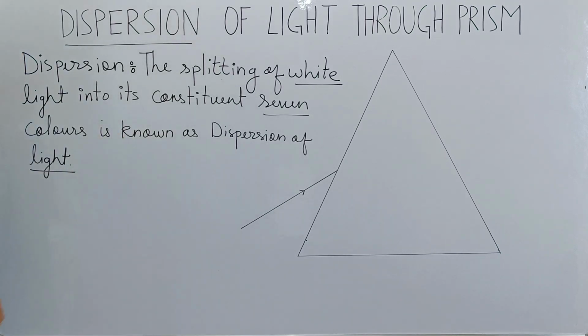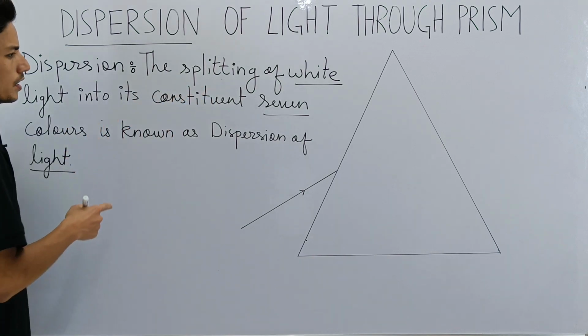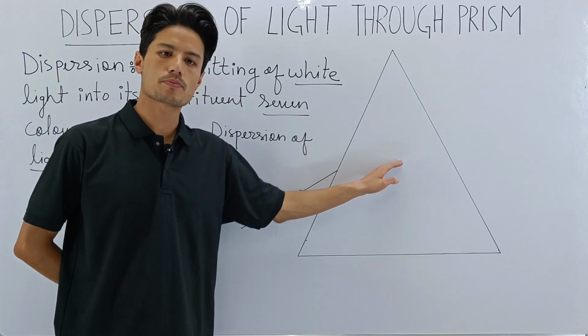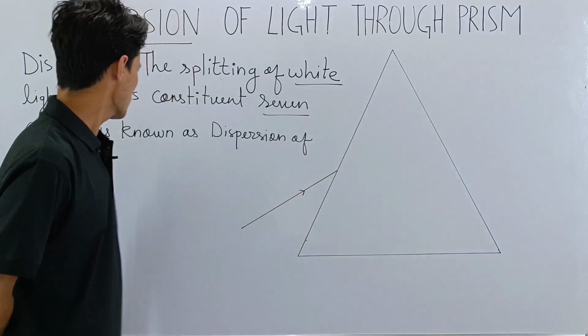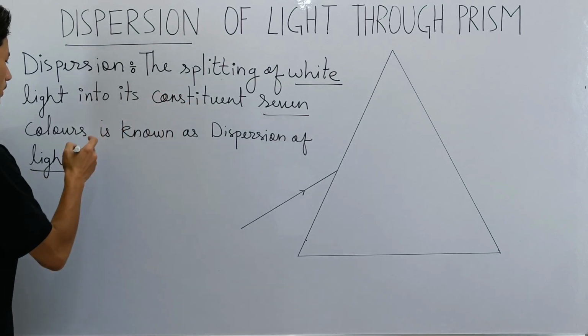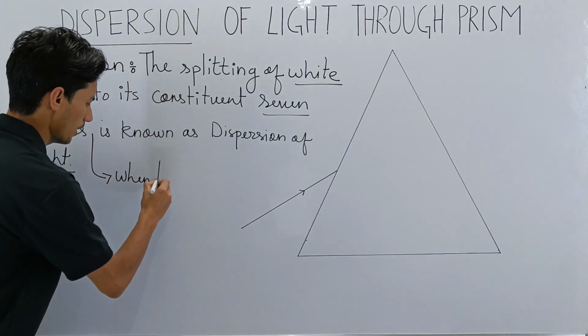We can also add the splitting of white light into its constituent 7 colors when light passes through a prism. When light passes through a prism is known as dispersion of light.